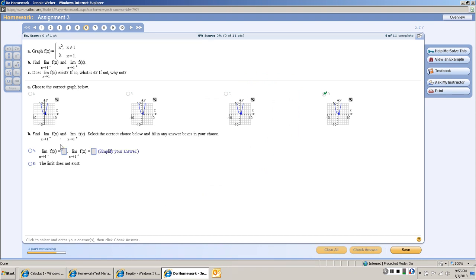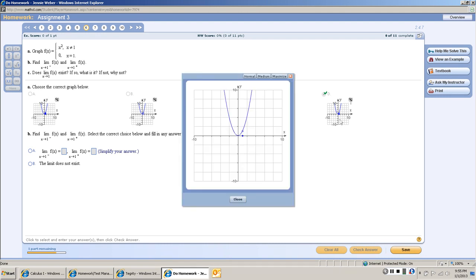And now this asks us to find the limit of the function as x approaches 1, where we're coming from the left side and the right side. So let's open this up so we can talk about this. You can see we're coming in this way and we're coming in this way. Now remember, we never get to this. That's the idea of a limit. So both of these are coming right here. And what is this? This is 2, 4, 6, 8, 10.